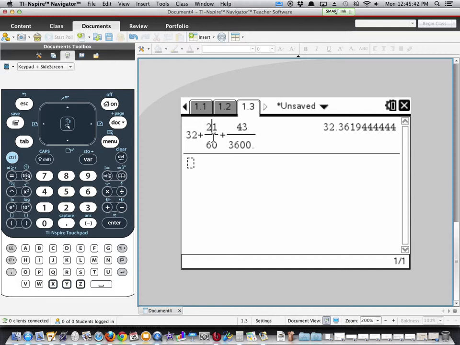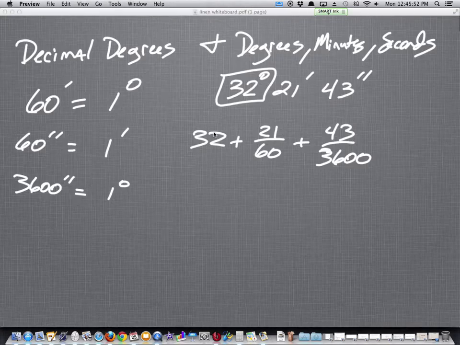That shows you how accurate minutes and seconds are, but without having to write as much. Okay? So, my answer would be 32.362. That's decimal degrees. That's if I took that from degrees, minutes, seconds, and changed it into decimal degrees.